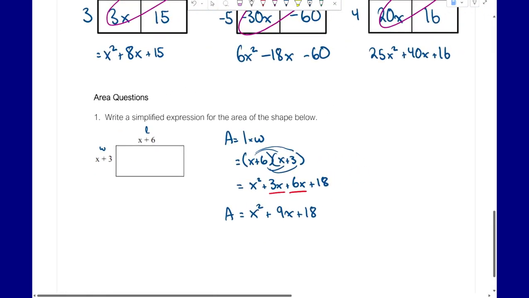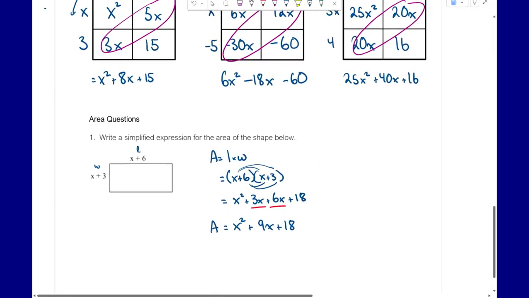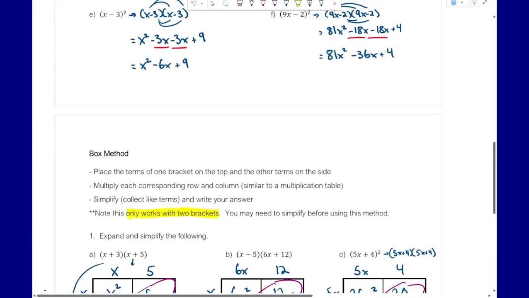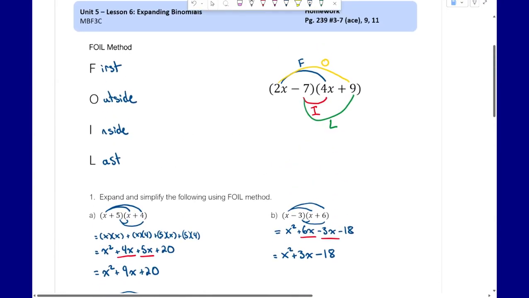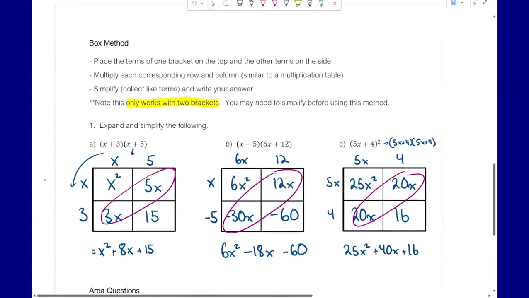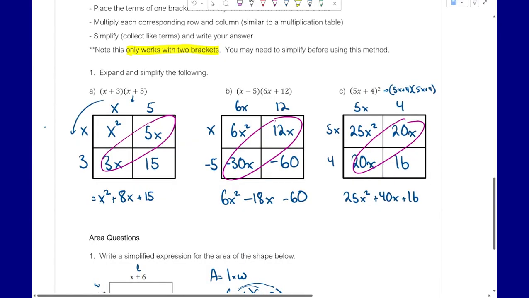Right. So hopefully this was review, but we were basically looking at expanding binomials, multiplying two terms by two terms in brackets. We looked at the FOIL method, which is most likely how you've learned this in the past. We've also looked at the box method, which is another viable method if you find this more helpful in terms of organizing and in terms of understanding what to multiply.